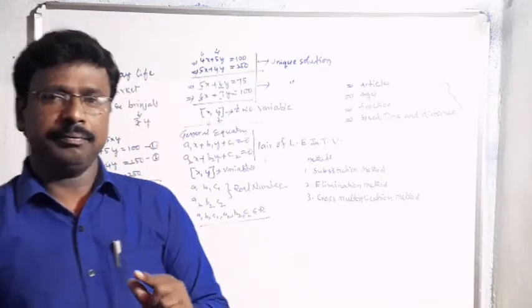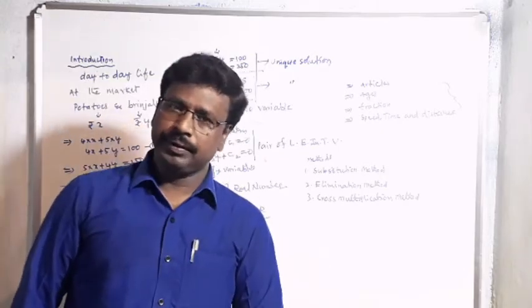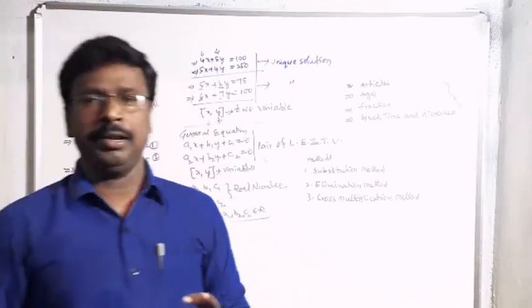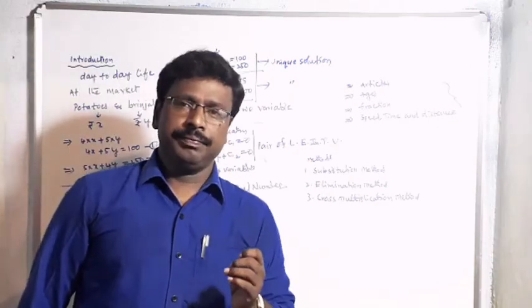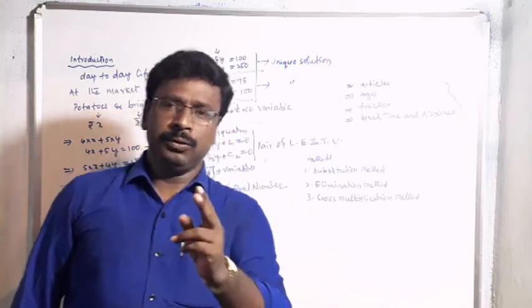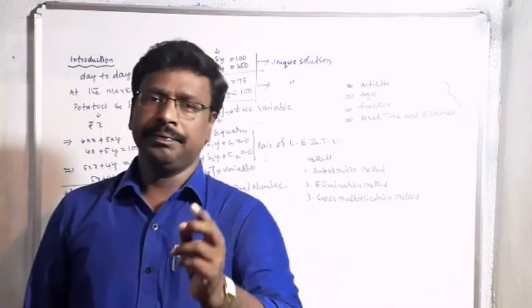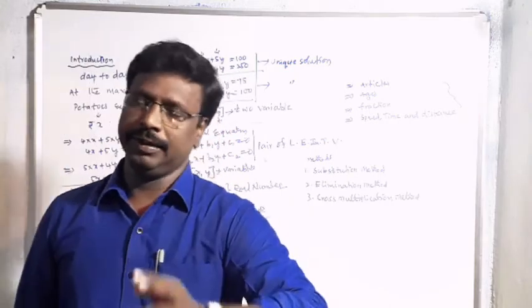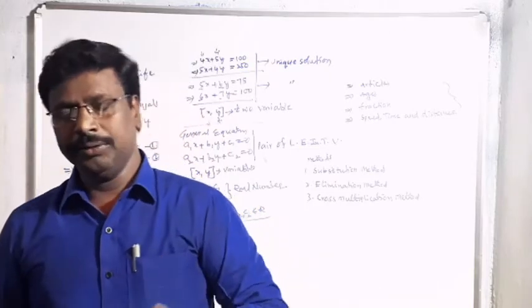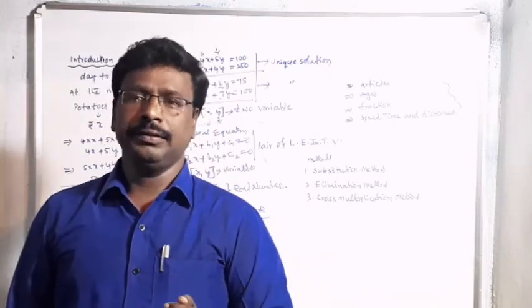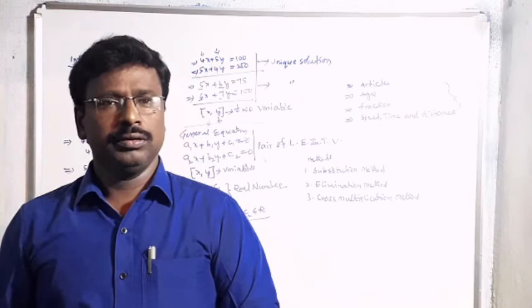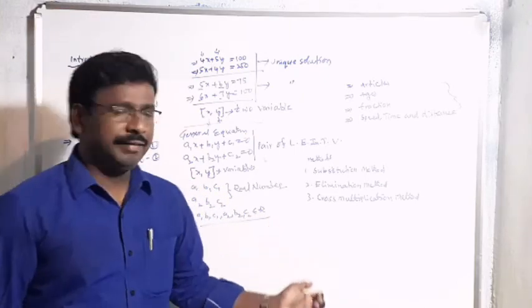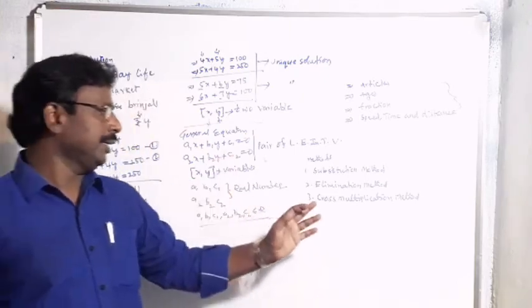Actually, ax plus by plus c is equal to 0 is a linear equation in two variables, and a pair of linear equations in two variables is a1x plus b1y plus c1 is equal to 0, a2x plus b2y plus c2 is equal to 0. To find the x value and y value, you can use three methods.